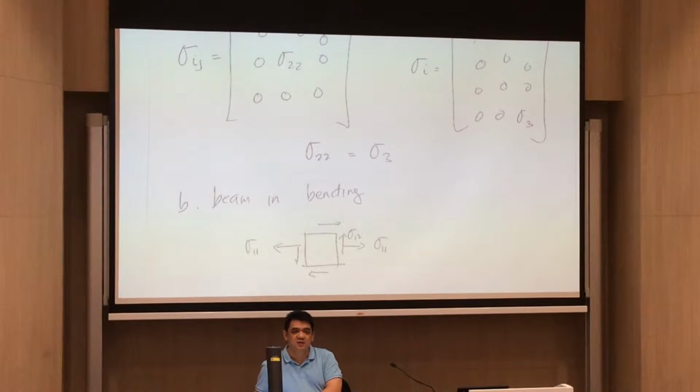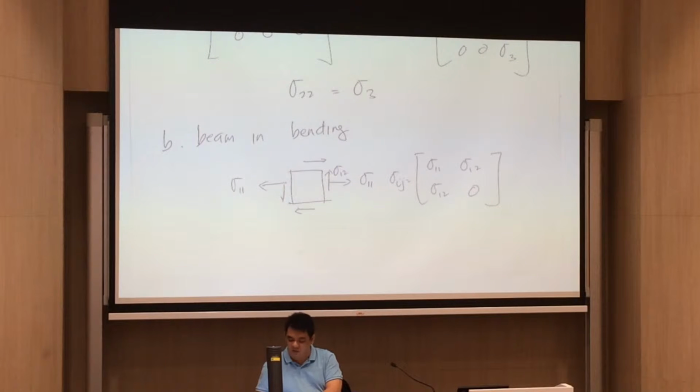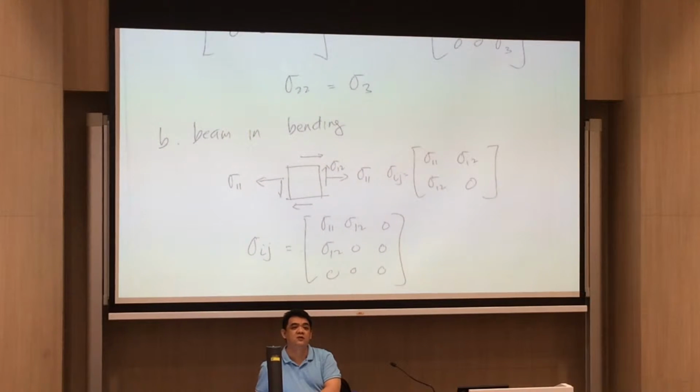So sigma 2, 2 is 0. If you write this in a 2x2 matrix, your sigma ij will be sigma 1, 1, sigma 1, 2, sigma 1, 2, and 0. If you write it in a 3x3 matrix, of course it's sigma 1, 1, sigma 1, 2, 0, sigma 1, 2, 0, and all the others are 0. We've done this a lot of times about the beam bending already.